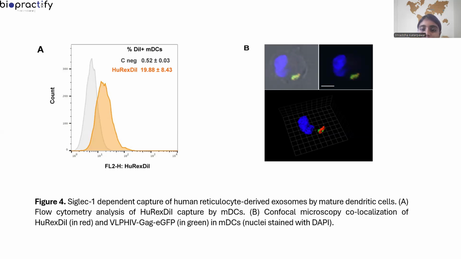Figure B represents the confocal microscopy co-localization of uRex DiI, the labeled human reticulocyte derived exosomes, denoted in red, and the virus-like protein HIV tagged with GFP, shown in green, in monocyte derived dendritic cells, in which the nuclei are stained with DAPI dye.